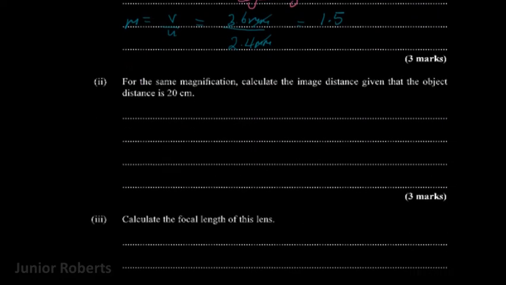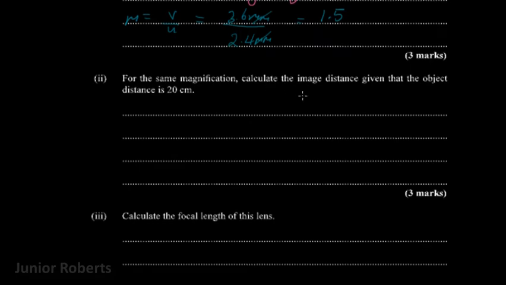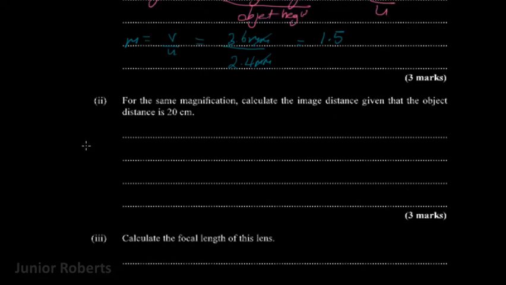Part 2 says that for the same magnification, calculate the image distance given the object distance is 20 centimeters. We're going to utilize the magnification formula again, which is M equals V over U. We calculated the magnification earlier, and that was 1.5. We're given the object distance, U equal to 20 centimeters.